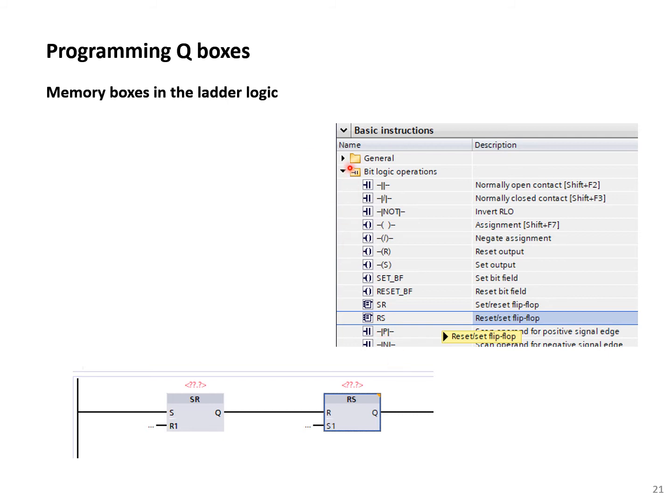So in the TIA Portal, again, all these examples are based on TIA Portal. Under bit logic operations, you could find some of the boxes like RS or SR boxes.